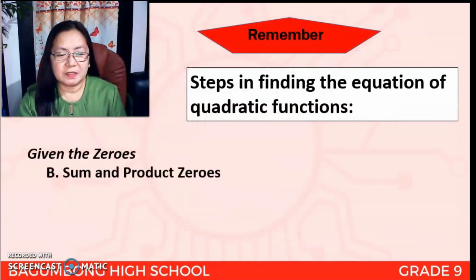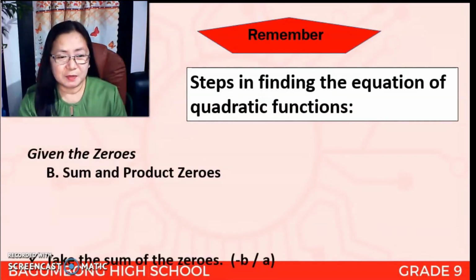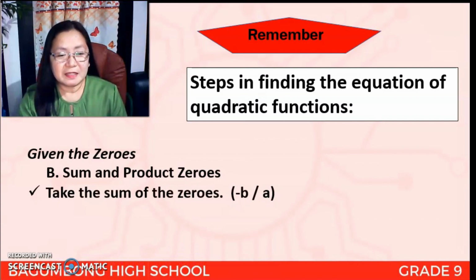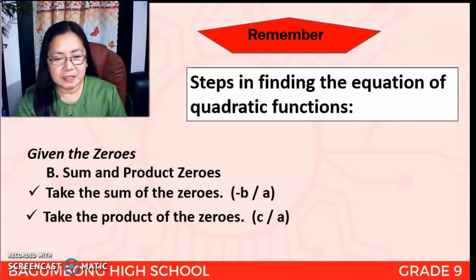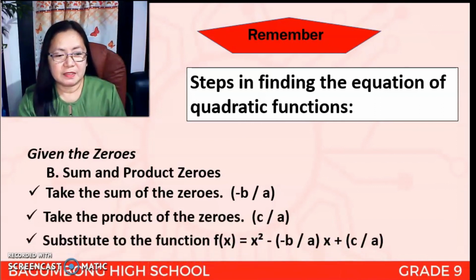Given the zeros, by using sum and product of zeros, take the sum of the zeros, which is negative b over a. Take the product of the zeros, which is c over a. Substitute in the function f of x is equal to x squared minus the sum of the zeros, x plus the product of the zeros, which is c over a.